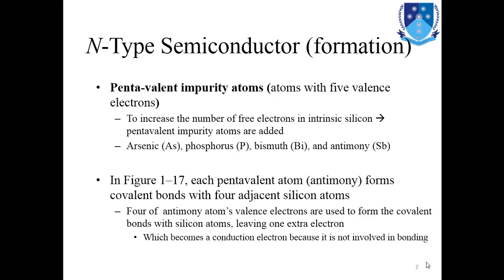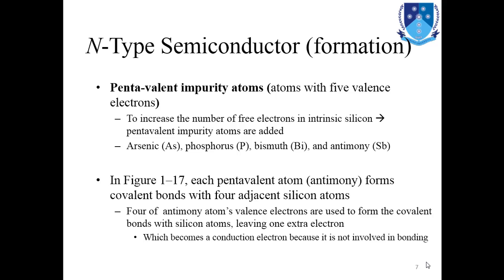As we discussed in previous lectures, a silicon atom in its crystalline structure is attached to 4 neighbor silicon atoms through covalent bonds. So here, by adding the pentavalent atom, 4 of the antimony atom's valence electrons will be used to form covalent bonds with the silicon atoms.